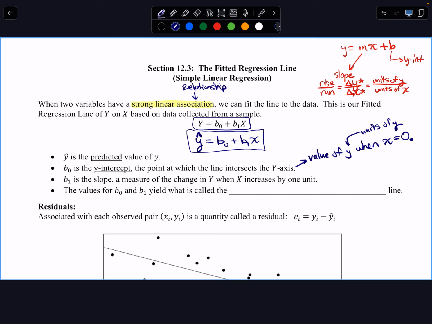But your y-intercept is the value of y when x equals 0. All right, your slope is b1. It's a measure of the change in y when x increases by 1. Okay. And then the values for b0 and b1 yield what we call the least squares regression line.